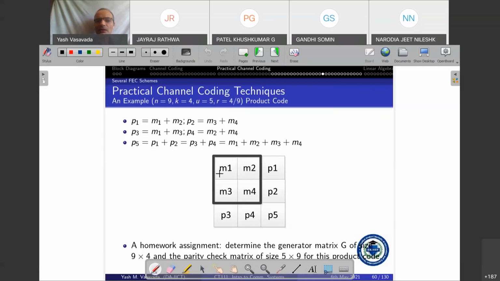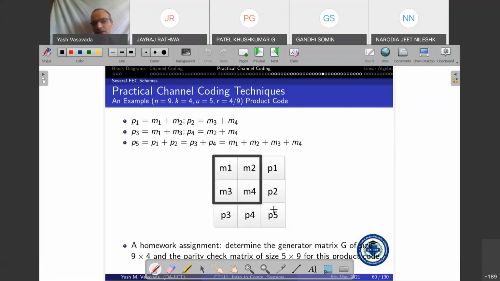Now what we do is we put an SPC code on each row and each column of this square. So P1 is the SPC of M1 and M2, basically the XOR of M1 and M2. P2 is the XOR of M3 and M4. P3 is the XOR of the column, M1 and M3, so P3 is M1 plus M3. P4 is the XOR of M2 and M4.